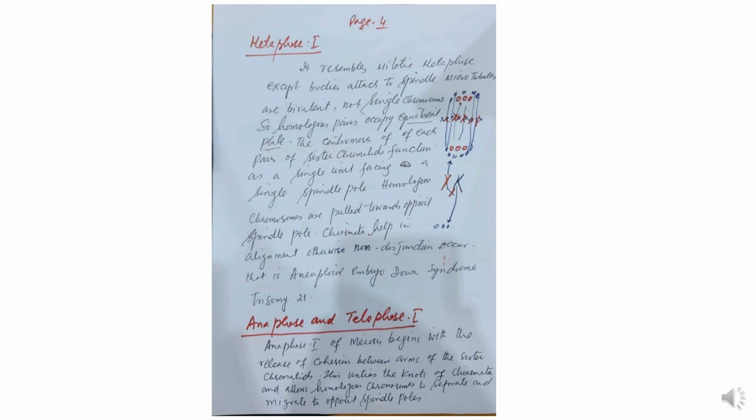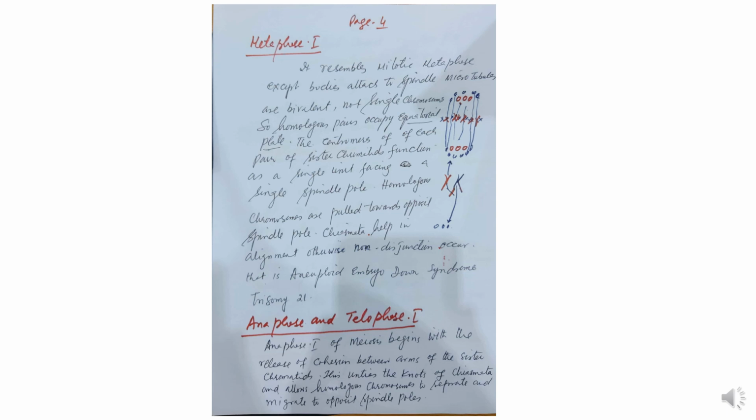But if one pair fails to separate at the chiasma, which is non-disjunction, both will pass on toward this side. So here it becomes 24, here 22. A condition with an aneuploid, abnormal number in the embryo is Down syndrome, trisomy, which means 3 at chromosome 21.